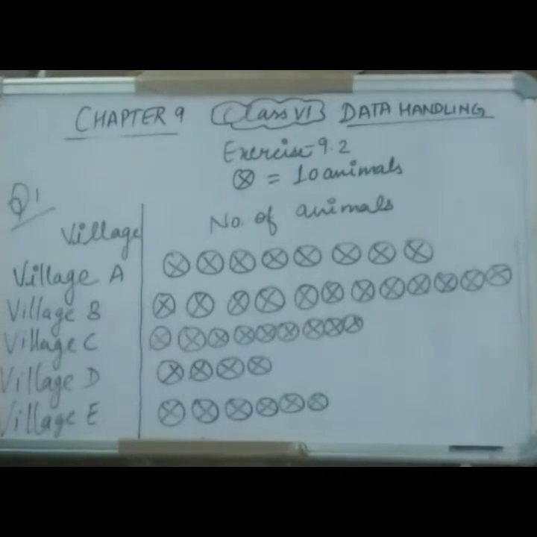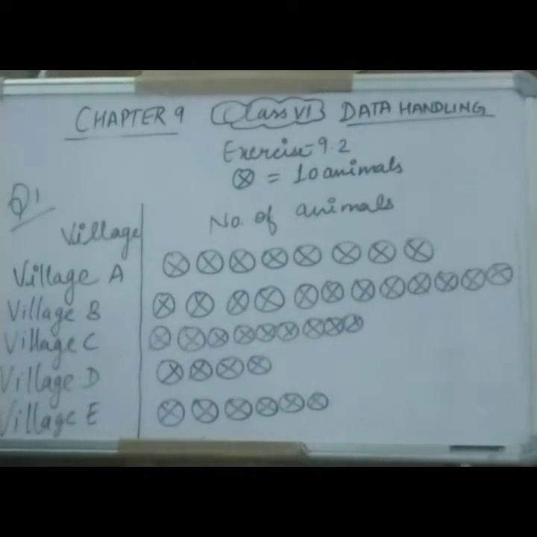This is the pictograph of this question, and the next question asked is how many symbols represent the animals of village E. So how many symbols are representing village E? 1, 2, 3, 4, 5, 6. So it will be 6 symbols.